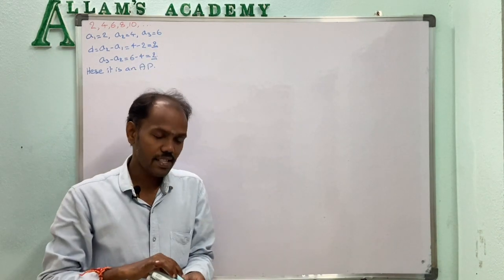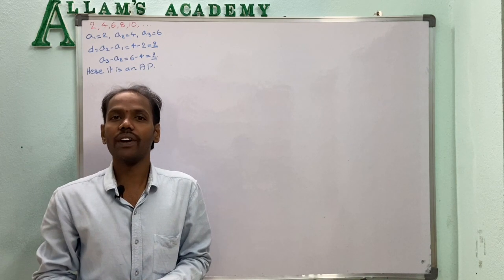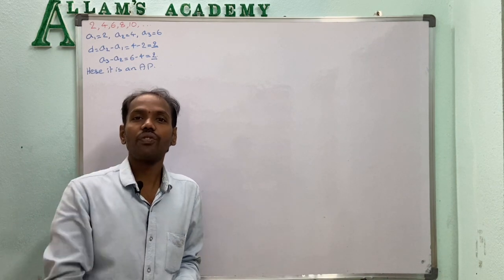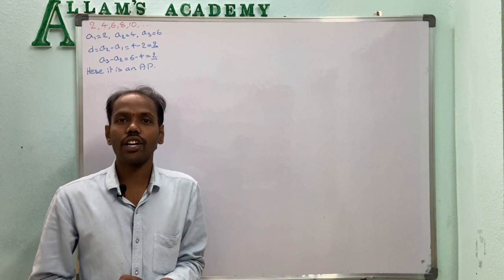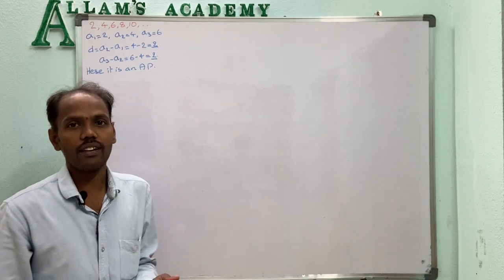Now if we add, subtract, multiply or divide this series by a constant value, does it form an AP or not? And what happens to the common difference? We check that too.